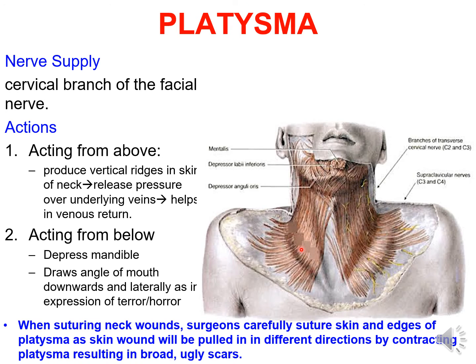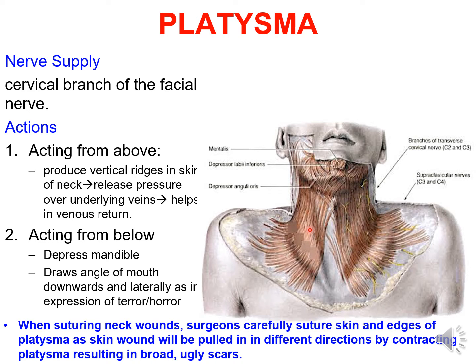As you have already read in the face, the platysma muscle is supplied by the cervical branch of the facial nerve. Now, what are the actions of this platysma? Acting from above, the muscle will help in producing vertical ridges in the skin of the neck.